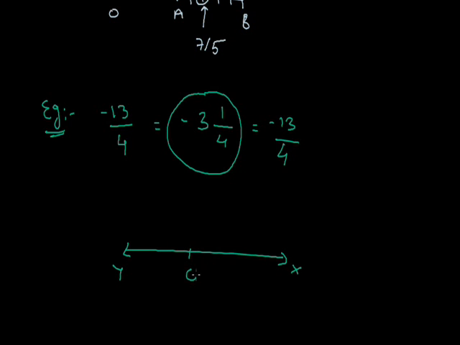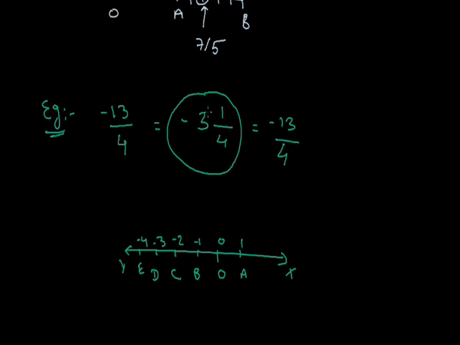We can take a point O, which represents 0, A, which represents 1, B, which represents minus 1, C, which represents minus 2, point D, which represents minus 3, point E, which represents minus 4.